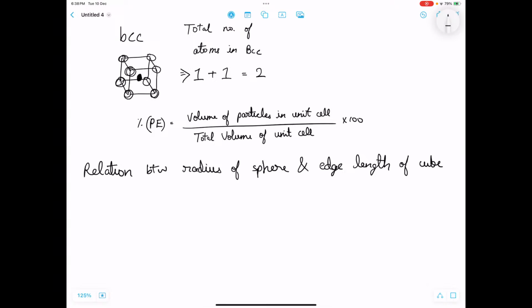So that will be, now is the tricky part. We need to consider the cross diagonal length.